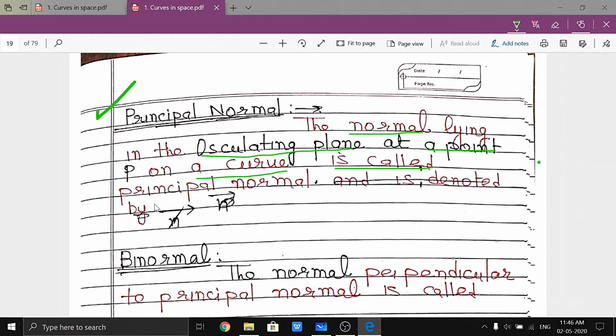That is the difference between a normal line and a principal normal. Principal normal is basically a particular case of a normal line, the normal direction in the osculating plane. So that is called a principal normal.